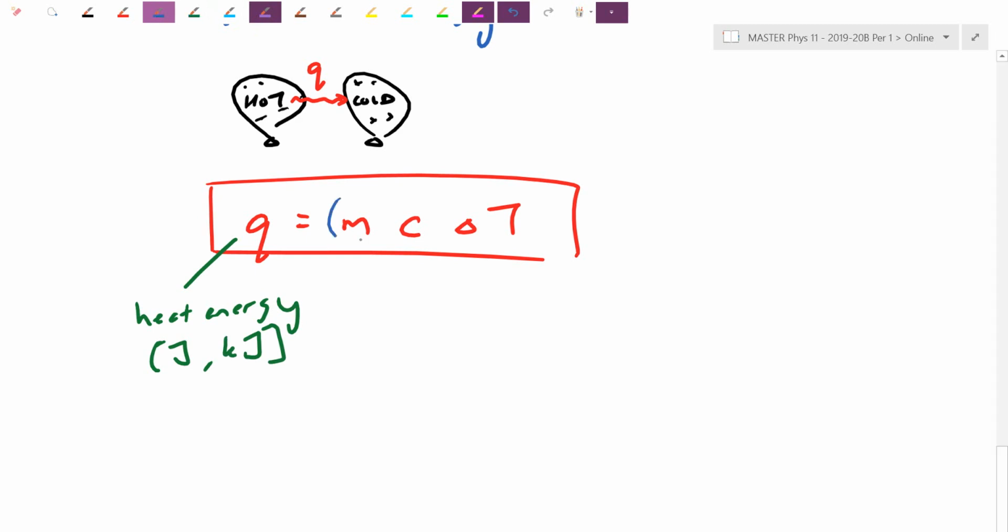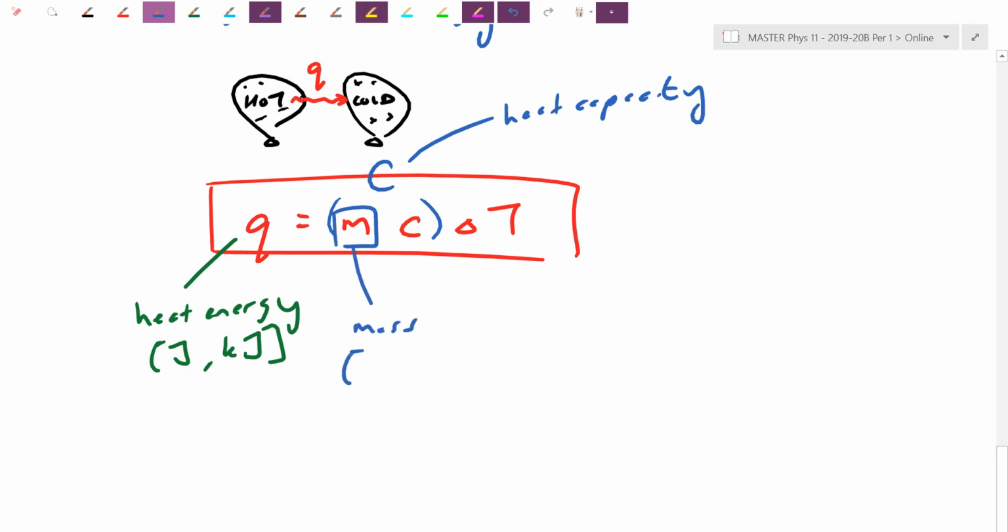Sometimes in this formula the m and the c are written separate. Sometimes they're written combined as a capital C. If they're written together, this is just referred to as a heat capacity. In this case, because there is an m term, we can refer to the m part. Well, we know m. m is just mass. Conventionally, up to this point, we've been using kilograms because we've been looking for the weights of lawnmowers and elevators, things like that.